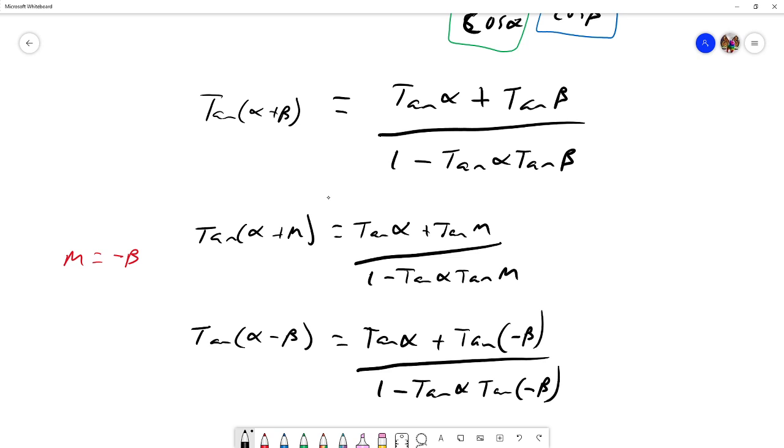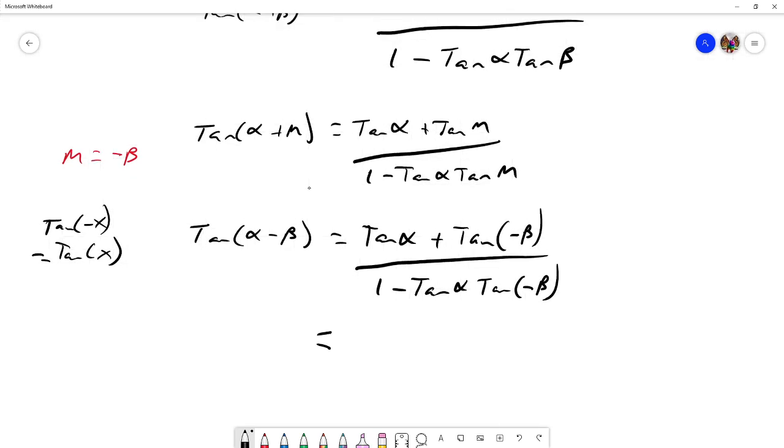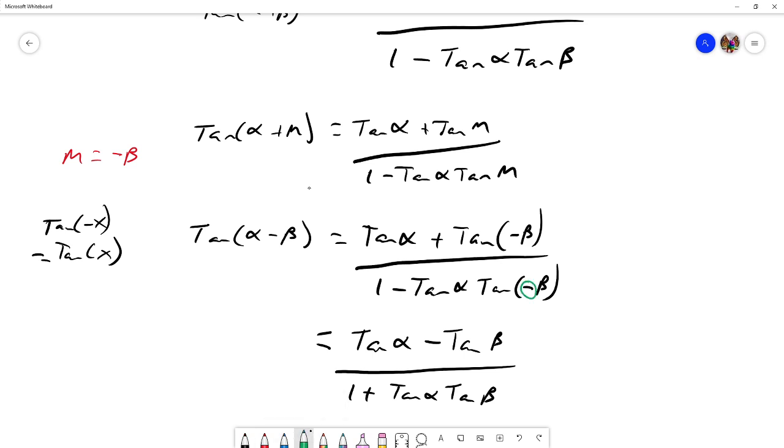Now if we recall the even odd properties for tangent, tangent is an odd function, which means that tangent of negative x is the same thing as negative tangent of x. Therefore, this is going to simplify to tangent alpha minus tangent beta over 1 plus tangent alpha tangent beta. So we get the plus sign in the denominator because this negative moves out, so you get a double negative because you have negative and then negative that quantity.